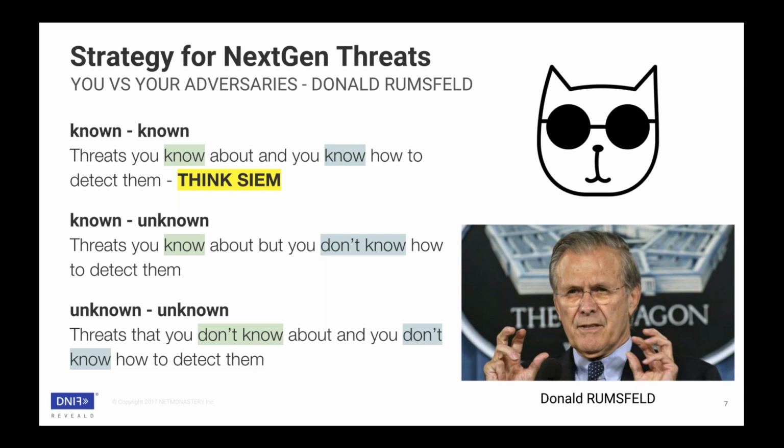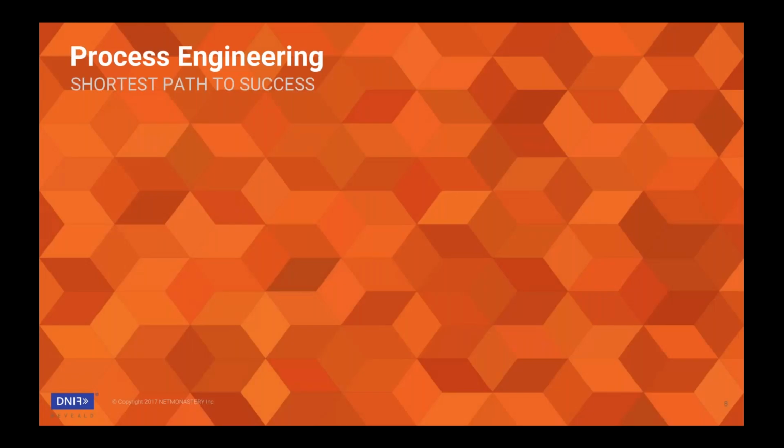Okay, so next, let's go to the process engineering side of it and figure out what are the paths to success over here. When we talk about the process, we're talking about now taking all this logic that we just spoke about, which is very high level, and trying to fit that over our system, taking a case where we are actually trying to implement this high level logic onto our environment.